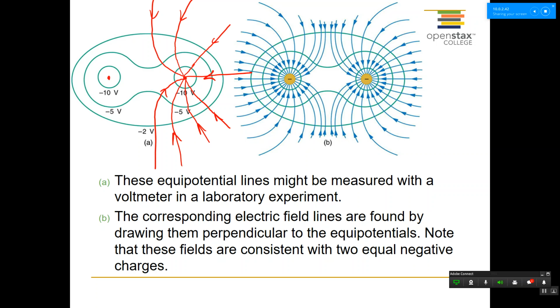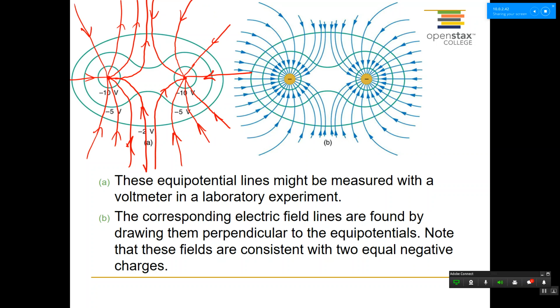It should look something like that. It should kind of look like the drawing here on the right, essentially.